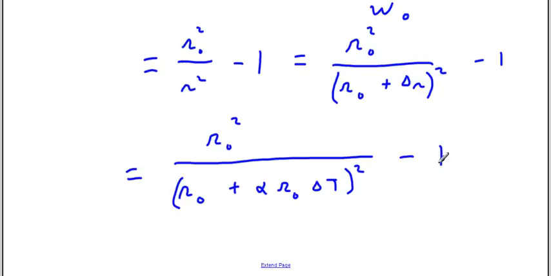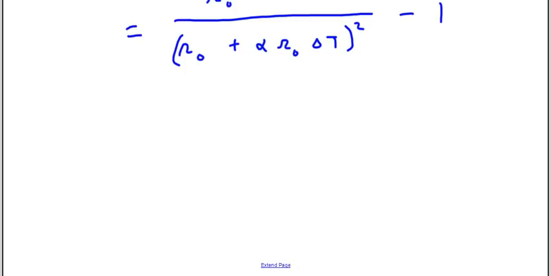Then we're going to do something only a physicist would do, probably. Normally, if I was a mathematician, I'd say a plus b squared is equal to a squared plus 2ab plus b squared, right? That's what we normally do, and that's what we have down here.